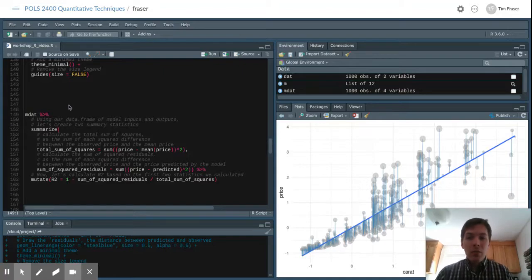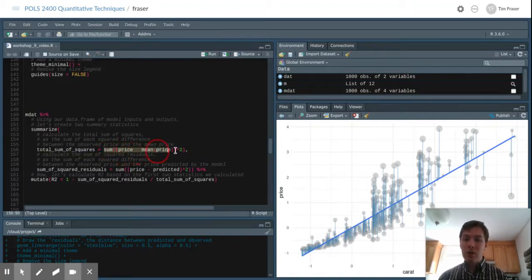Using our data frame of model inputs and the model outputs like predicted and residual, we can create two summary statistics. These are the total sum of squares and the sum of squared residuals. Okay, what does this mean?